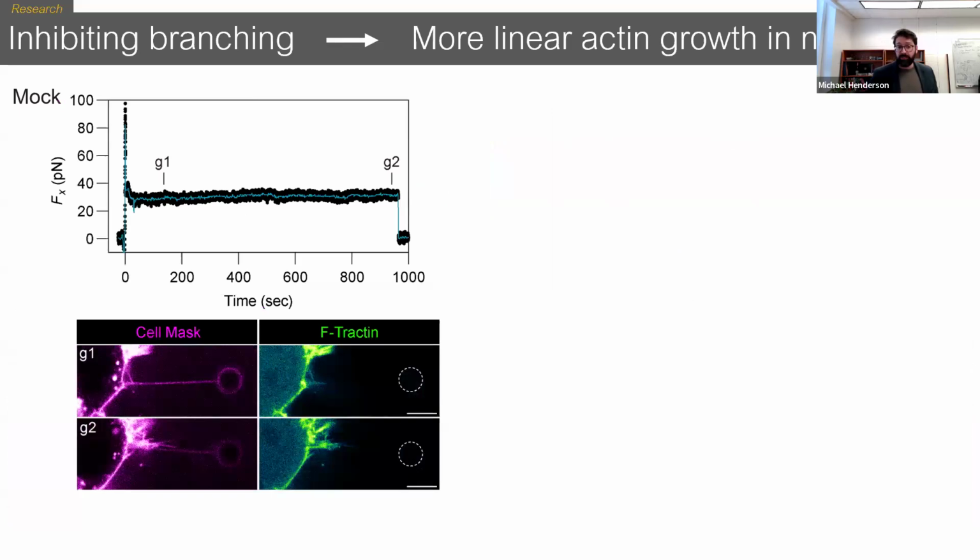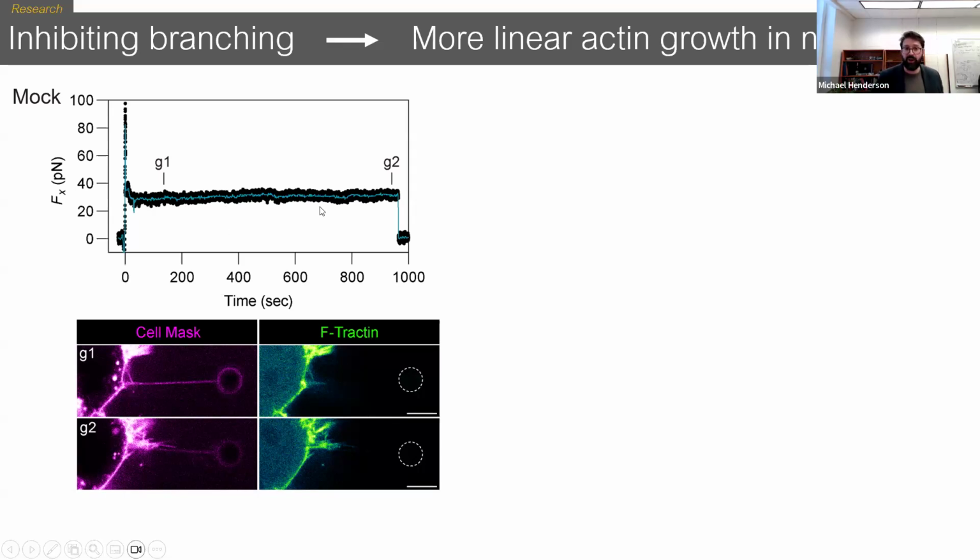And again, we can support this data with our force measurements. So we have a combinatorial report here where we have fluorescence giving us an indication of actin formation, but our force is also telling us information about actin. So again, if we don't have actin growing along the entire length of the nanotube structure that we pulled, we don't have a continuous structure linking actin dynamics in the cell to what's going on at the tip that's attached to the bead.